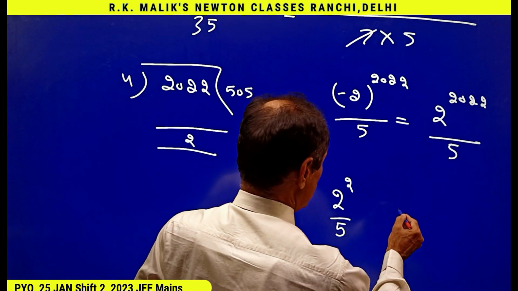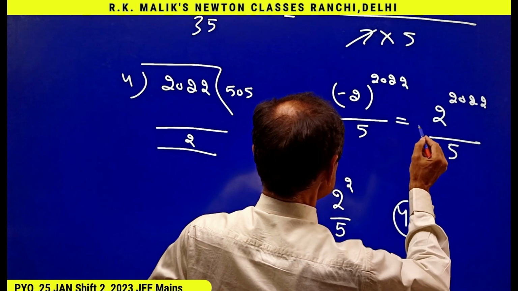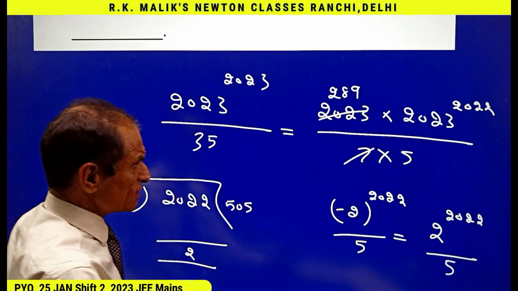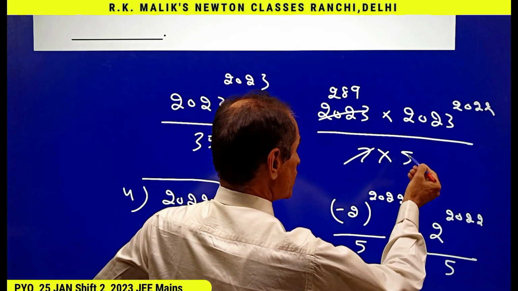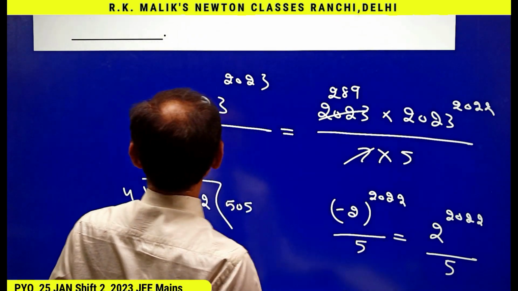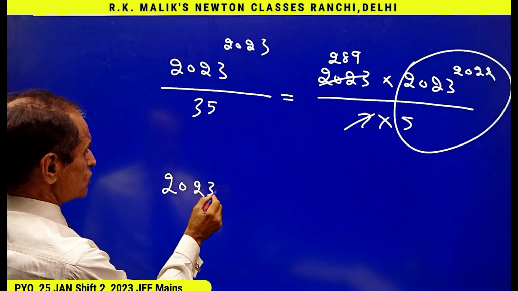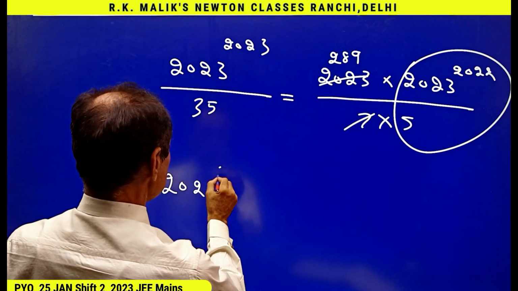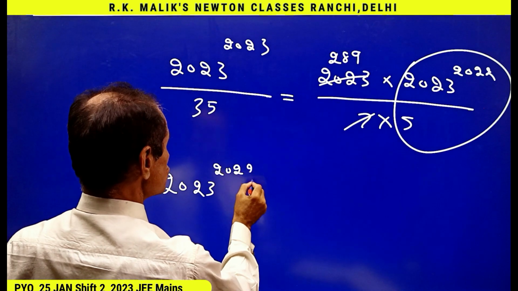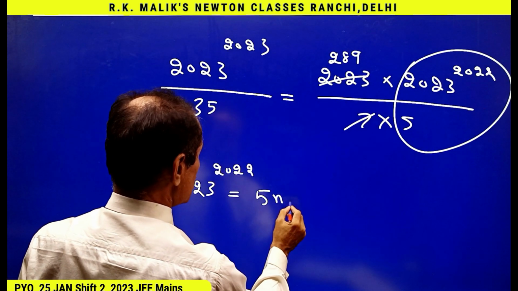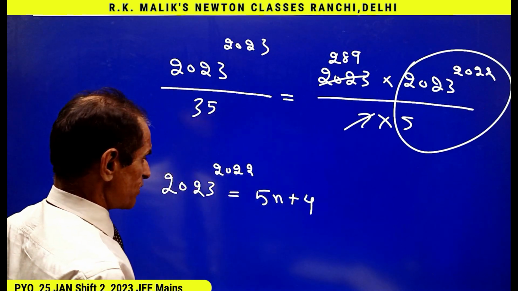That is, I can say 4 is the remainder when this is divided by 5. That is, when this will be divided by 5, remainder will be again 4. That is, I can say 2023 to the power 2022 is in the form of 5n plus 4.